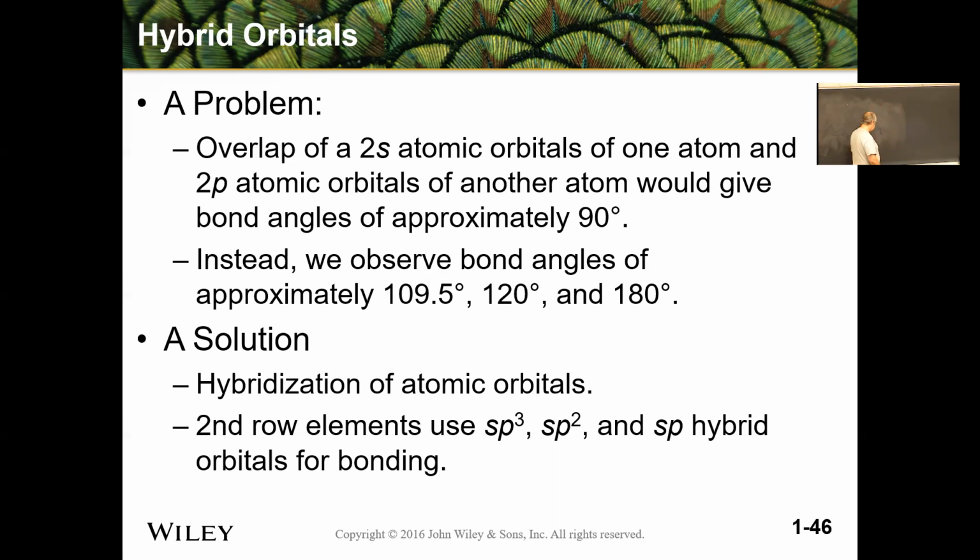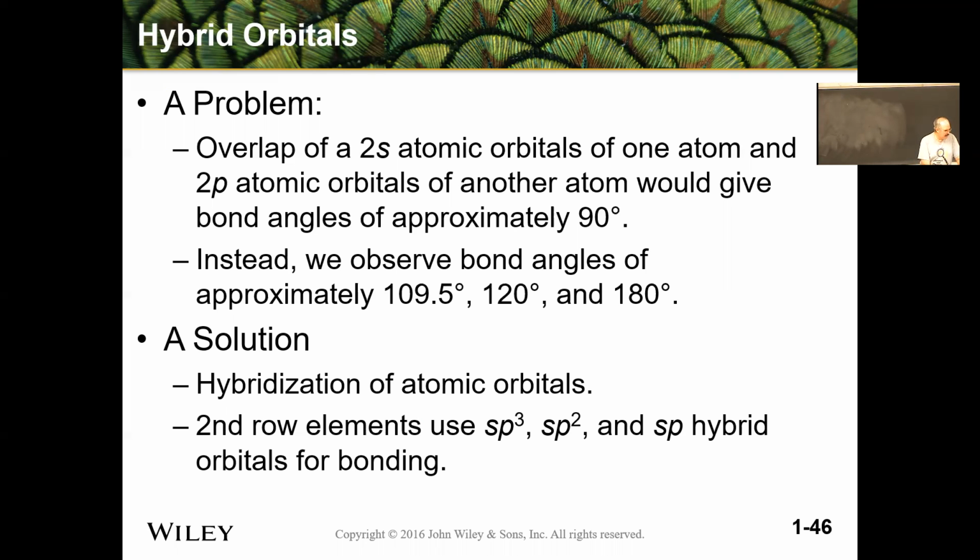So hybridization involves mixing the mathematical functions that describe the three-dimensional shapes of s and p orbitals in such a way as to correspond with what we saw earlier with the VSEPR shapes.